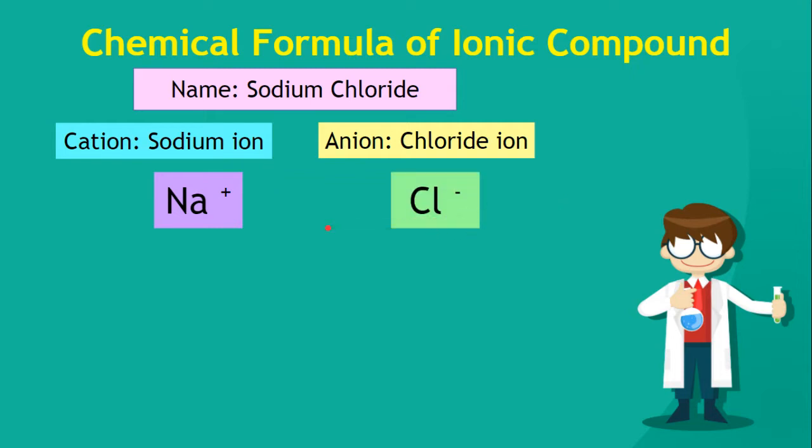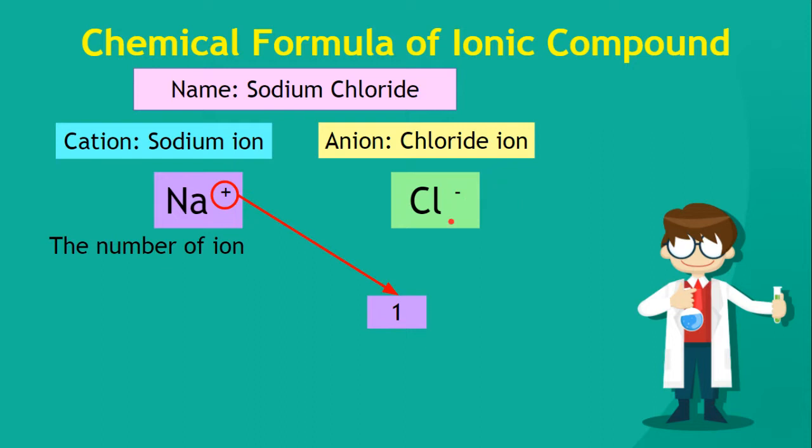From here, you need to determine the number of ions of each cation and anion that exist in this compound. How do you determine the number of ions? You look at the formula Na+. Plus means 1, so you put the number 1 under the chloride ion.